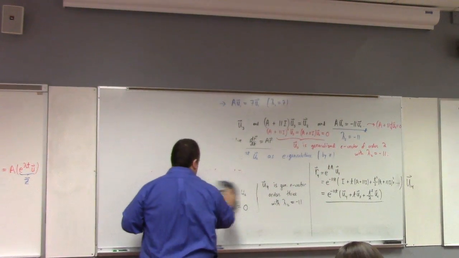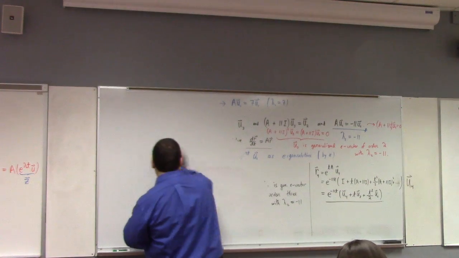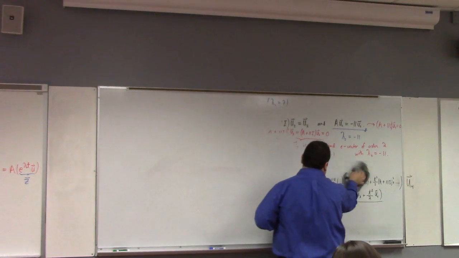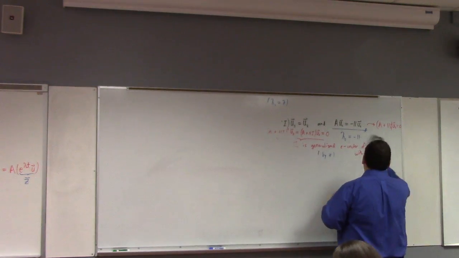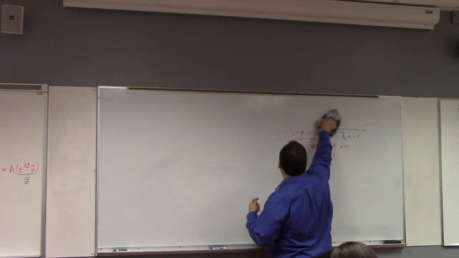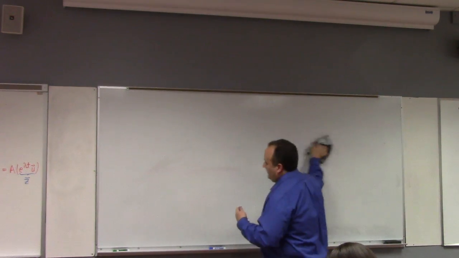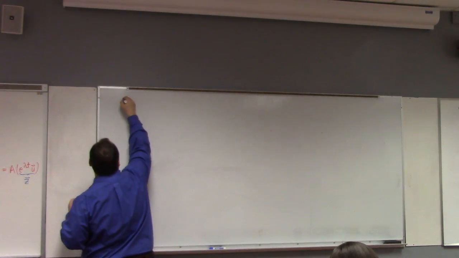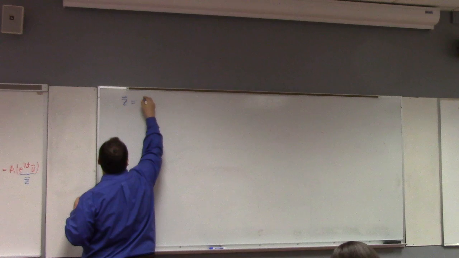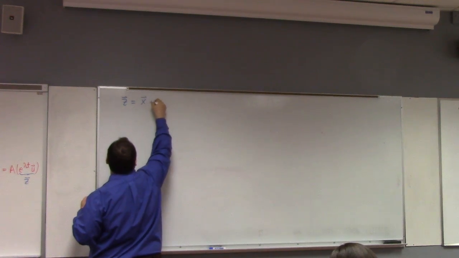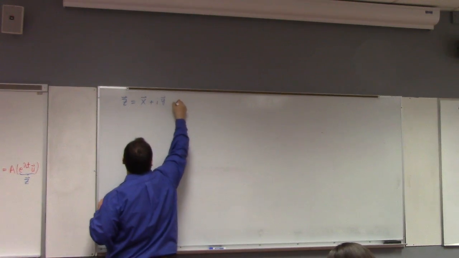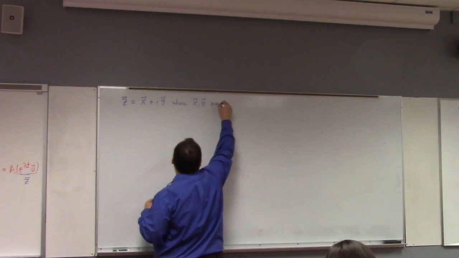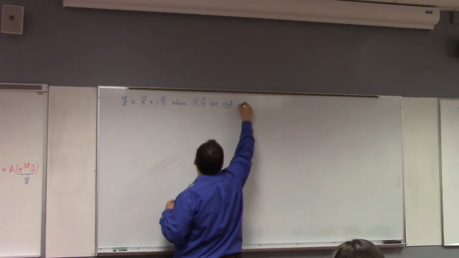I probably need to get into details here for you to understand that, and we will. But let me just tell you this much at this stage, which is that we can write z vector as a complex linear sum of a real and imaginary solution. So we can write z vector equal to, let's say, x vector plus i times y vector, where x and y are real solutions.